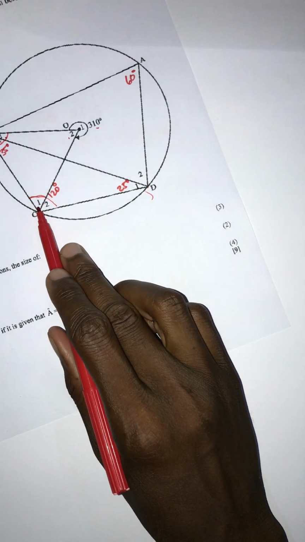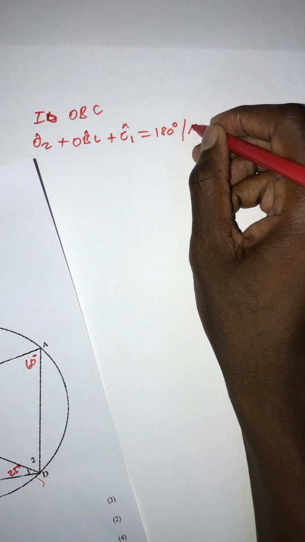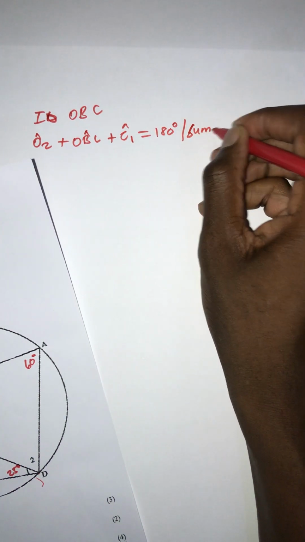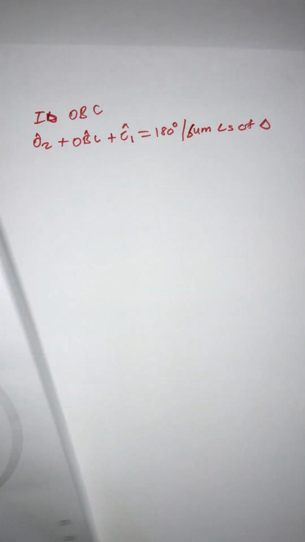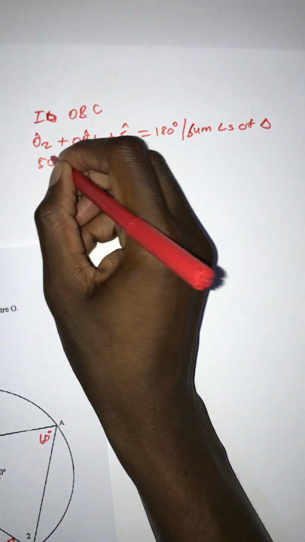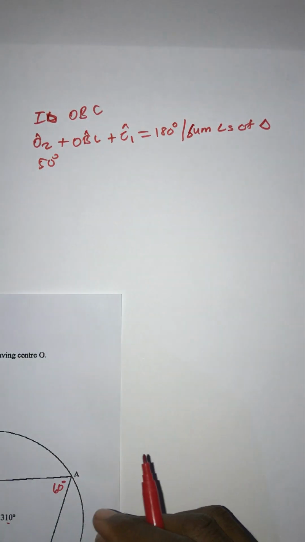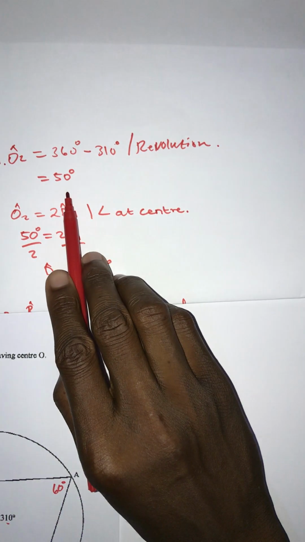The reason is the sum of angles of a triangle. So what is O2? O2 is 50. We know that we found O2 as 50.